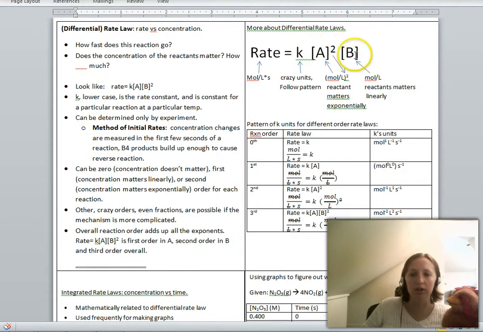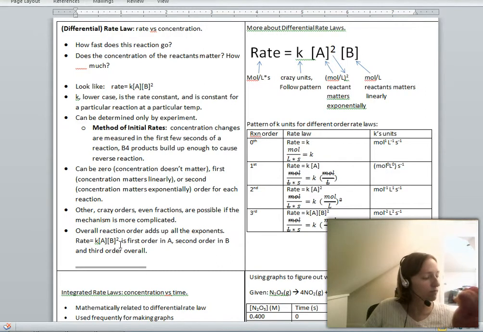So it's first order in B, second order in A. The overall reaction order is 3 because you add up the 2 exponents, the 2 and the 1. Same deal here. In this one, rate equals k[A][B]^2. It is first order in A, second order in B, and third order overall. If it was squared and squared, it would be fourth order overall, etc.